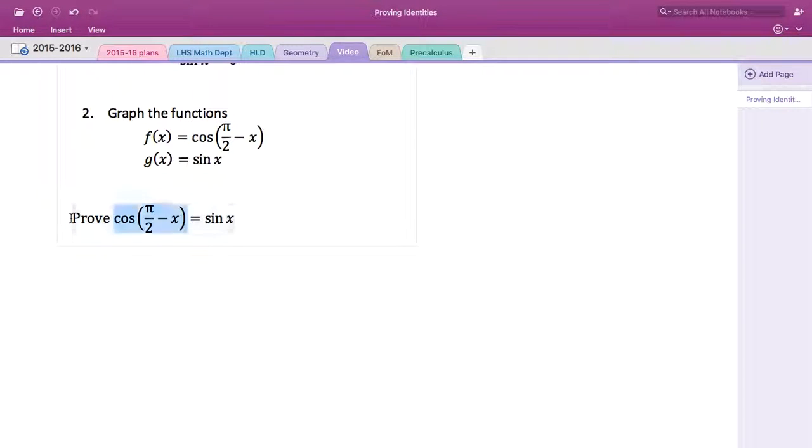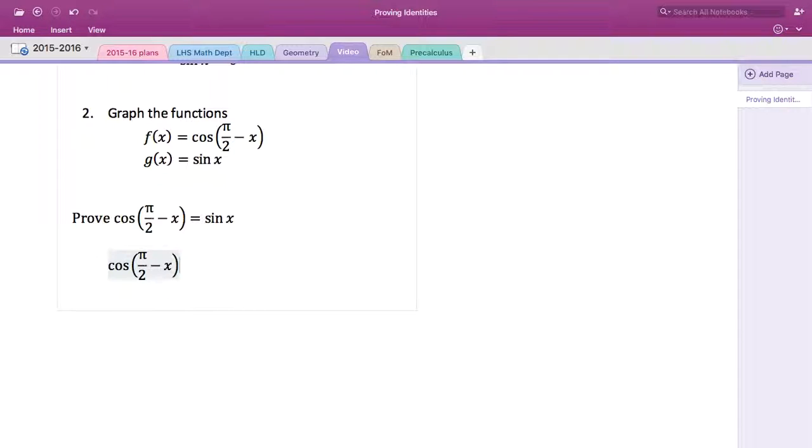The best way of doing this is to use algebraic manipulation, and we are pretty good at it because you've taken algebra 1 and 2, and done it in 7th and 8th grade. So let's look at cosine of pi halves minus x.